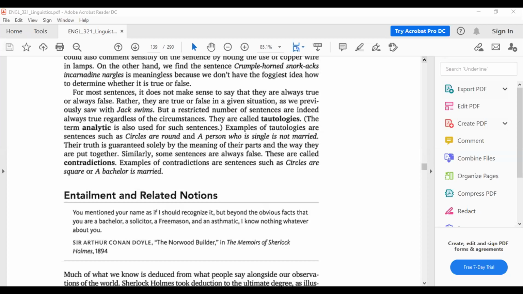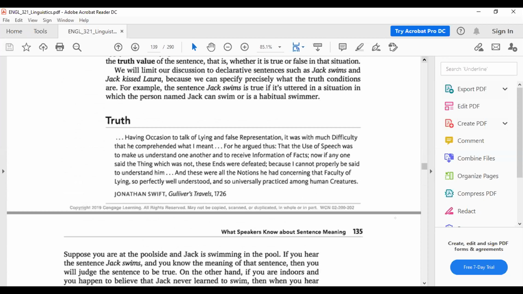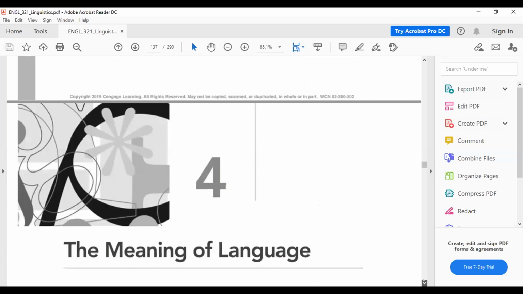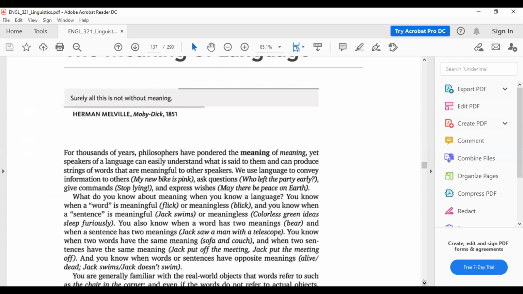So I'm going to share my screen with you, before I give the floor to other students to continue. Ahlam finished talking about semantics in general, the study of meaning, why we need semantics at the lexical level, the phrase level, and the sentence level.